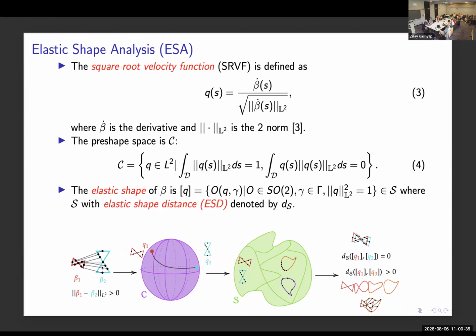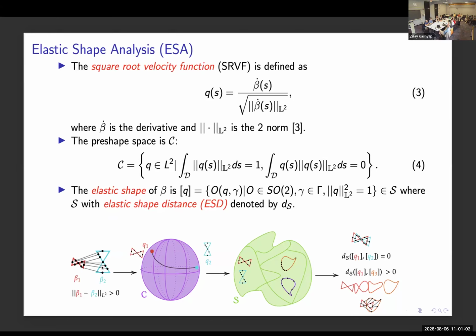So they take their two curves in R2, they do this square root velocity function transformation, and with the elastic metric, you end up on the unit Hilbert sphere. And the reason why I care about that is geodesic distances are defined, they're unique, I know things about them. And the nice thing about this square root velocity function transformation is you're using the derivative of your curve, which doesn't depend on location.